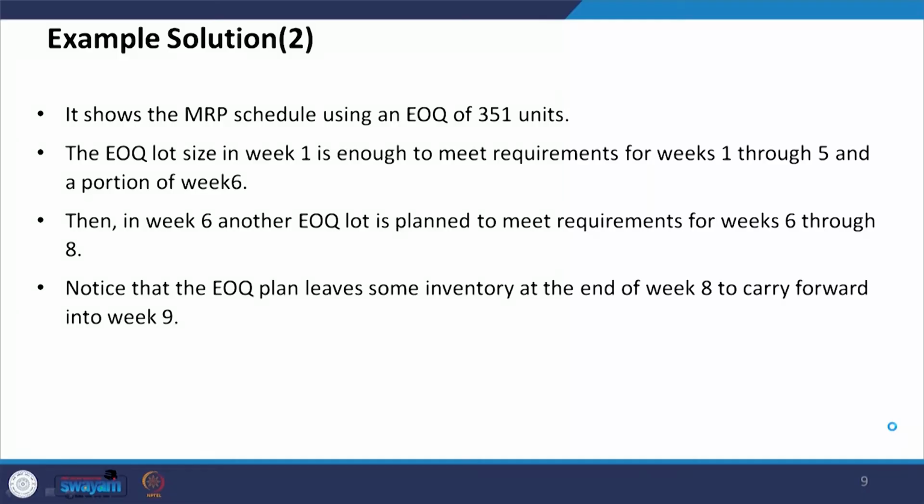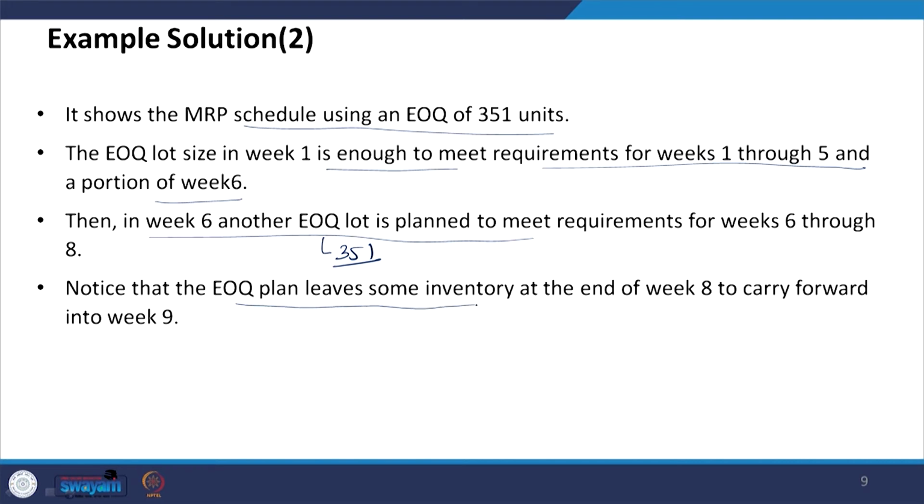Then the solution is saying that the MRP schedule using an EOQ of 351 units, the EOQ lot size in week 1, is enough to meet the requirement of week 1 through 5. Then in week 6, another EOQ of 351 is planned, and it leaves some inventory at the end of week 8 so that it can be used in week 9.